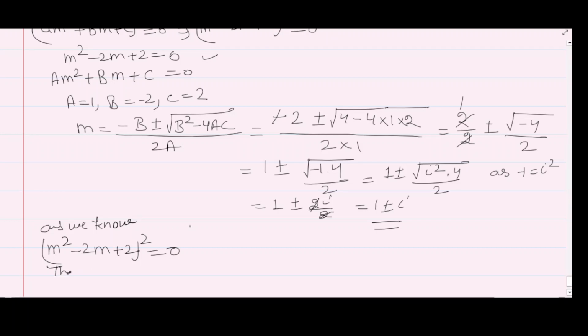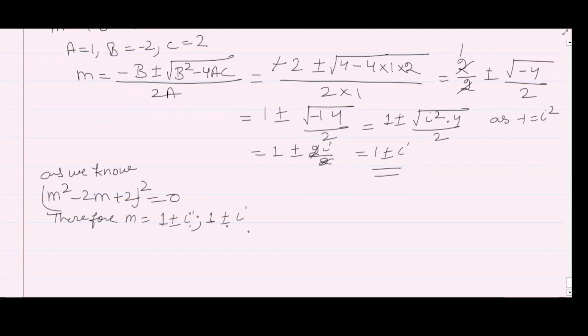Therefore the values of m will be 1 plus minus i, that will be for single m square minus 2m plus 2, and for the power term the second root will also be 1 plus minus i. So here are the roots.